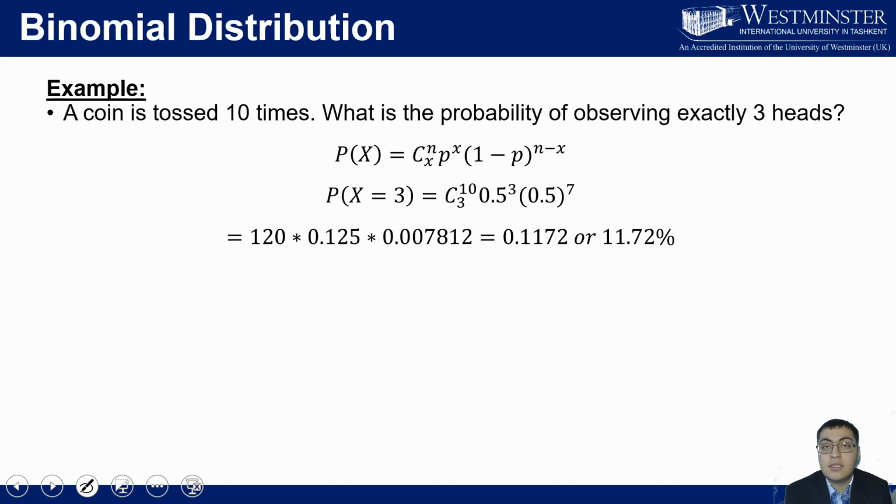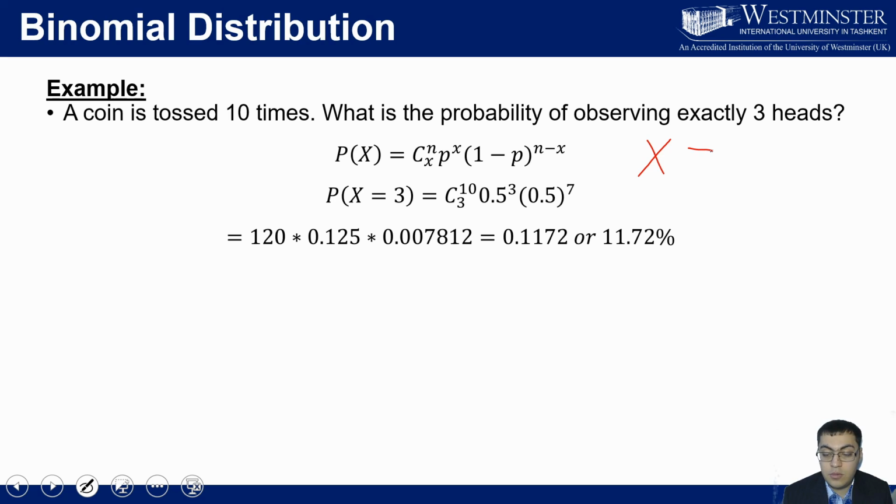Let's look at an example so that you guys can understand it much clearer. So let's consider a coin that is tossed 10 times. I want to know what's the probability of observing exactly 3 heads. So in this case, my x is going to be equal to 3, n in this case is 10, and pi is equal to 0.5. So let me write that down.